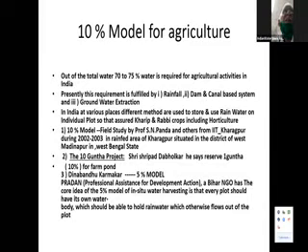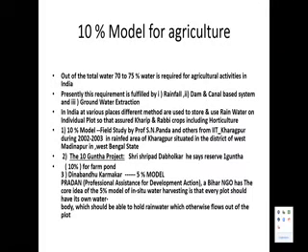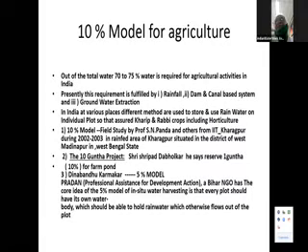Then the third example is Dinabandhu Karmarkar, that is Pradhan, an NGO, and this NGO is working in Bihar, Orissa, and part of Madhya Pradesh. There they state the 5% model, meaning 5% of your own plot.